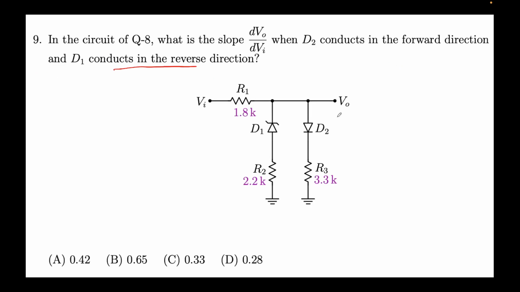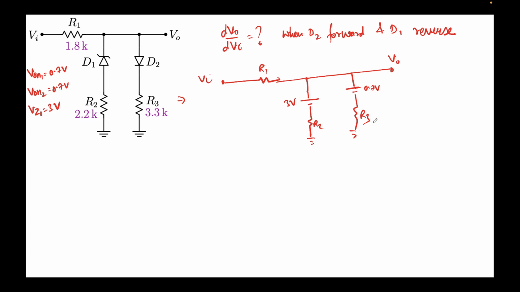So the problem asks, again we are required to find the slope of V out versus Vi. So let's call this node A, and let's assume the current flowing here is I2 and the current flowing here is I3.